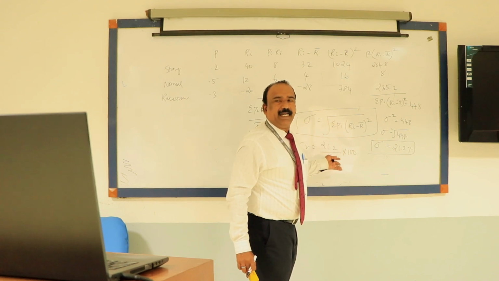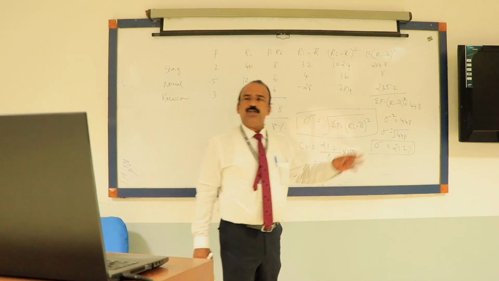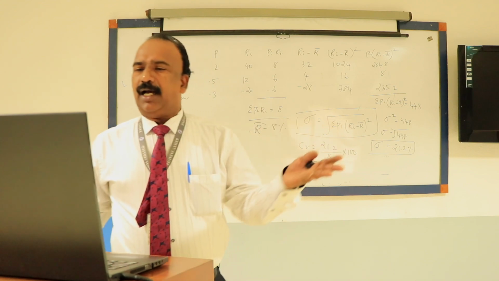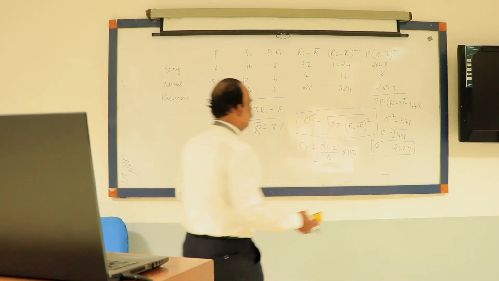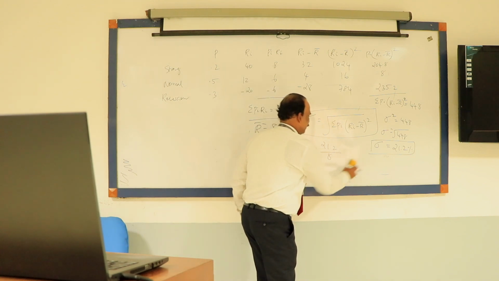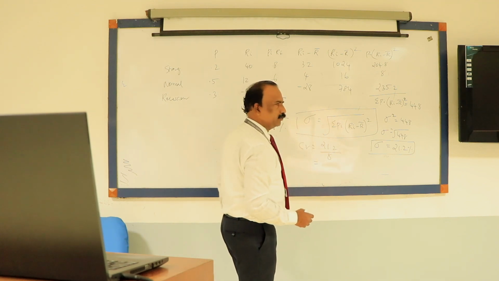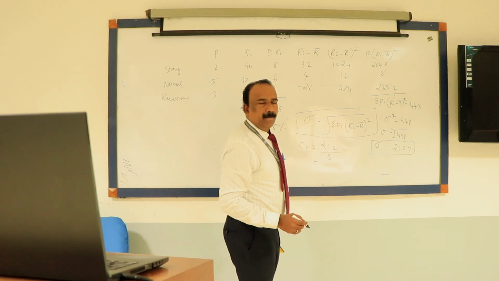So it's 21.2 divided by 8. How much comes?